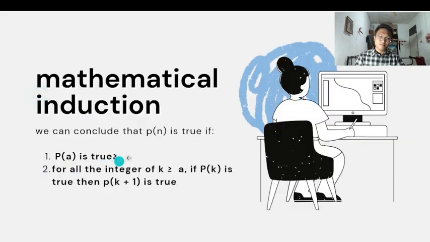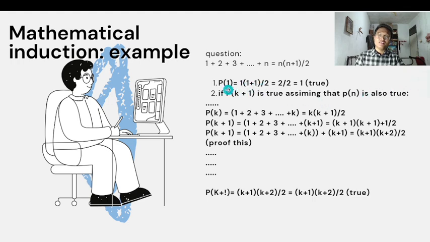We will confirm if Pa is true first. 1 here will be replaced by 1. 1 times 1 plus 1 divided by 2 equals 2 divided by 2. That will equal 1, which is true.